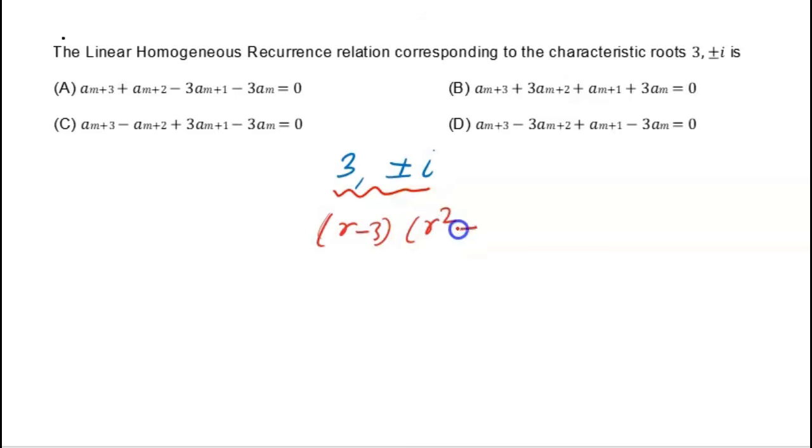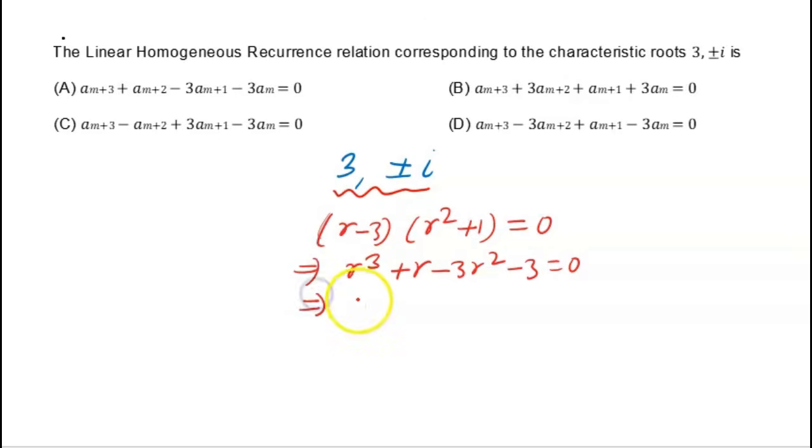When we have a factor like r^2 + 1. Very easy. You just multiply it: r into r^2 is r^3, then plus r, then minus 3r^2, and minus 3 is equal to 0. So it gives r^3 - 3r^2 + r - 3 = 0.